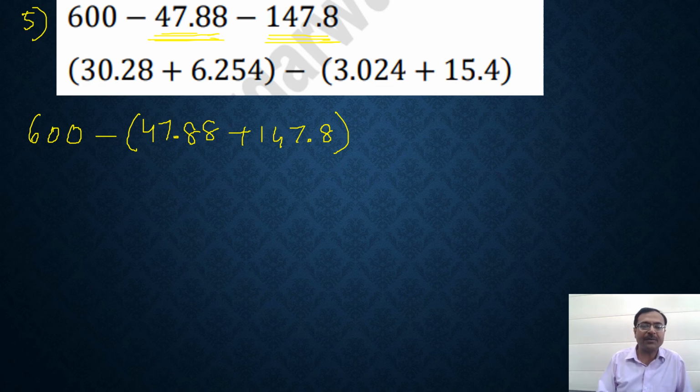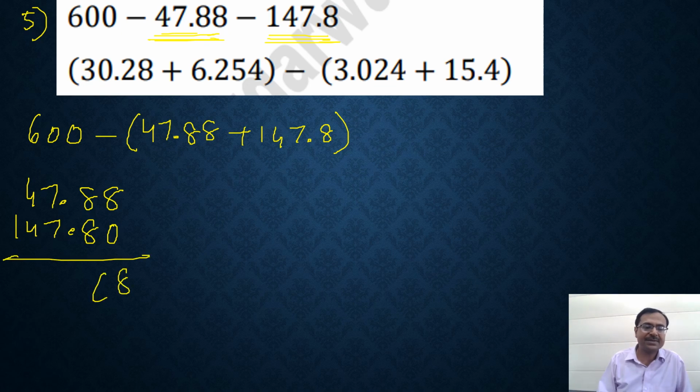So what is the sum of 47.88 and 147.8? Suffix a 0 here, and then add vertically: 6, 1 carry means 5, 1 carry means 9, and 1. So 195.68, and now I have to subtract this number 195.68 from 600.